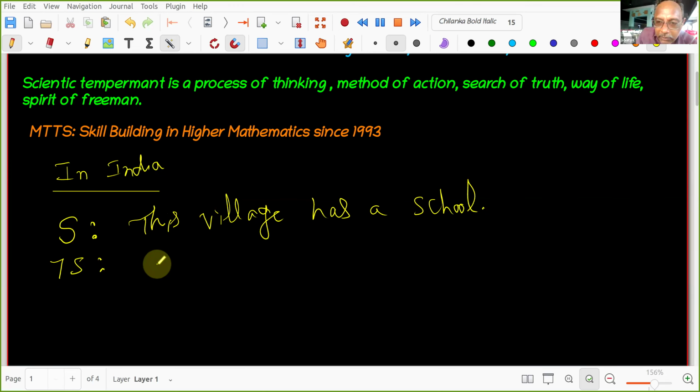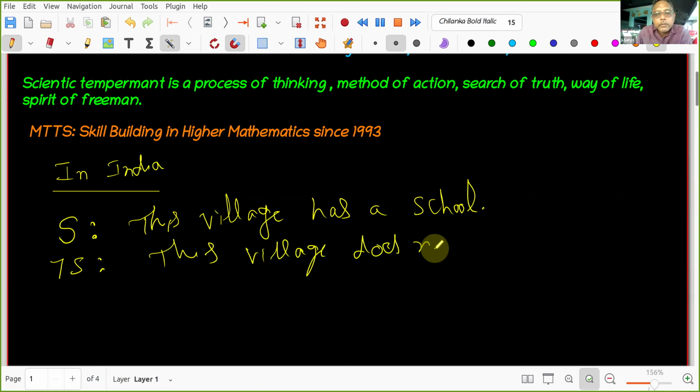Good, nice. So there is only one school and no quantifiers, so it is easy to negate. Having a school is a property of the village, so that not being true means the village does not have a school.